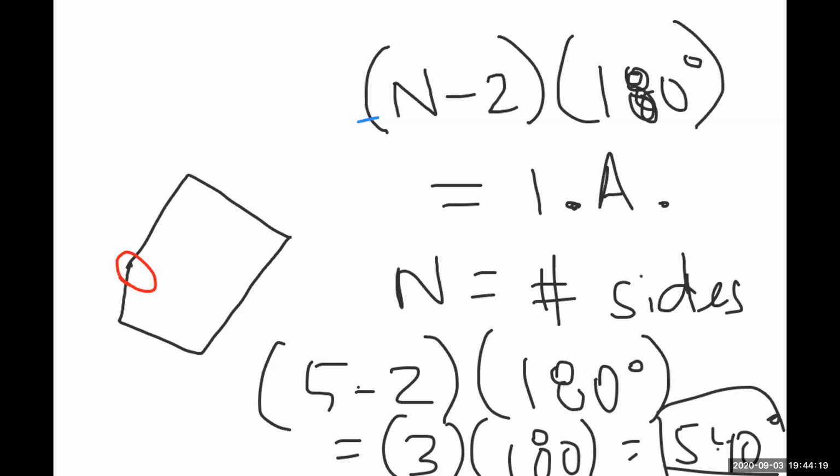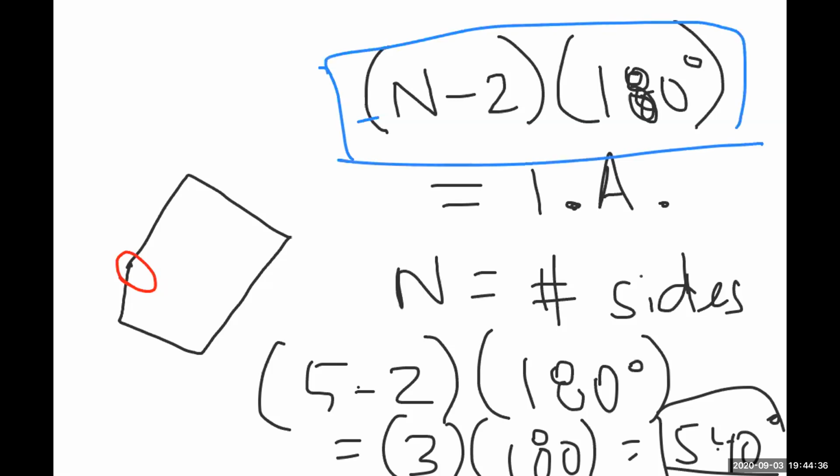That's how many degrees are within this shape. It works for a shape that has 1,000,000 sides. So that's a good equation to know. Put that in your library of goodies, okay? That's on your Google handout, okay?